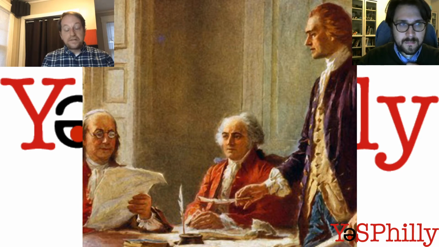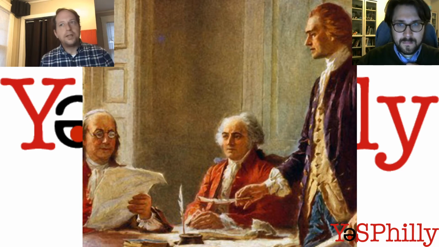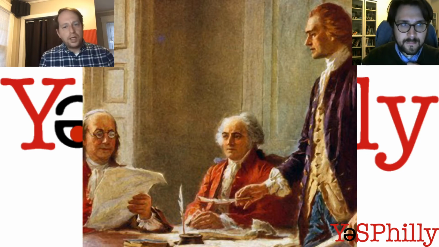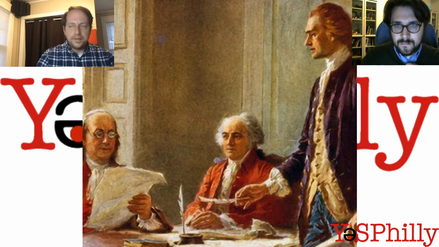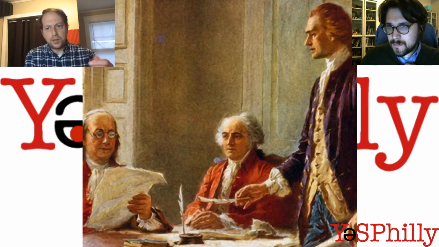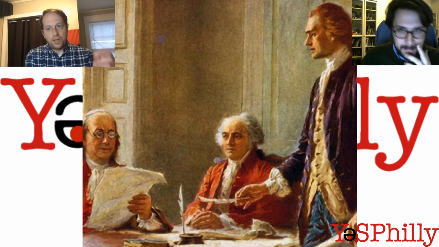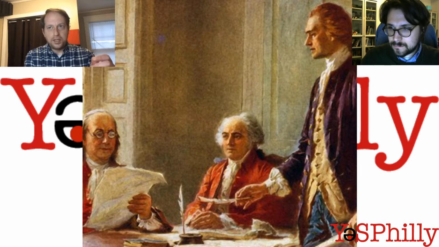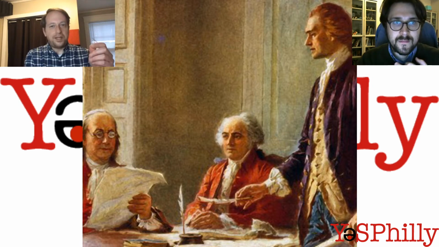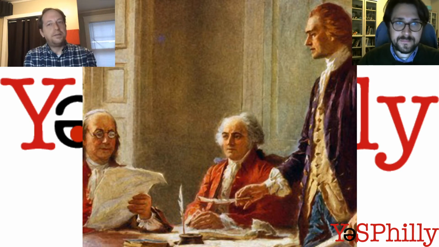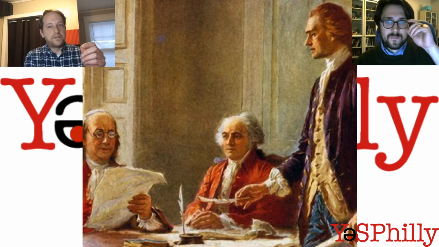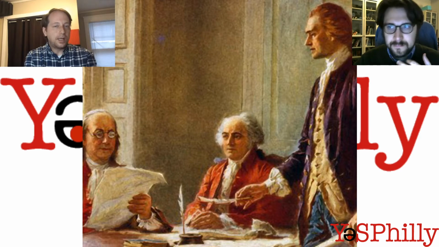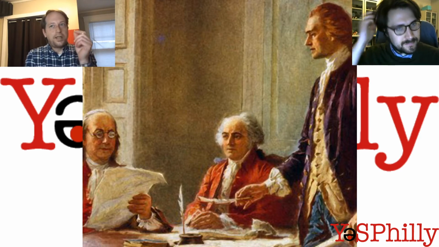Of course, the most famous change from the original draft is that Jefferson had included a passage. We know the grievances section of the Declaration, which lists the 24 or so grievances that colonists had with the king and with Parliament. And one of them that Jefferson included basically put the blame for the transatlantic slave trade on the king, right?